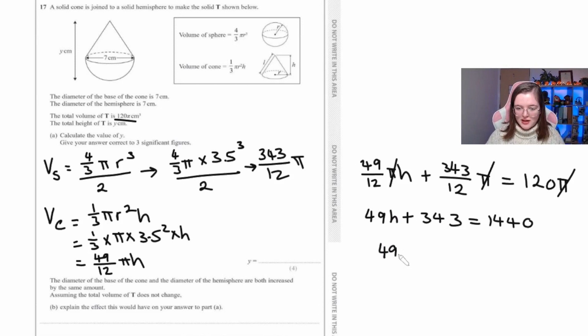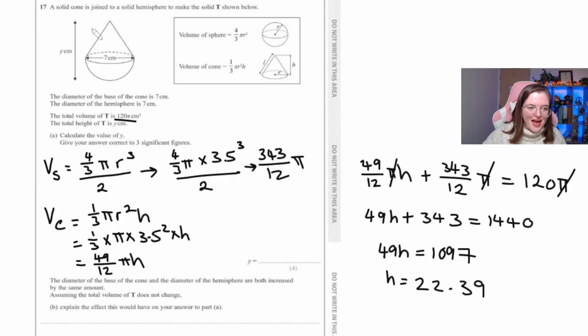So 49h equals 1097, divided by 49. I get a rancid number, 22.39. So that is then this here. It's not the answer, that's not y, that's just this bit here.